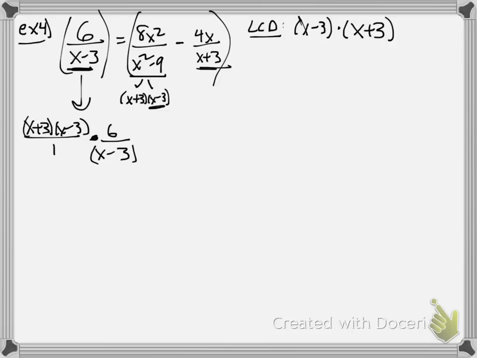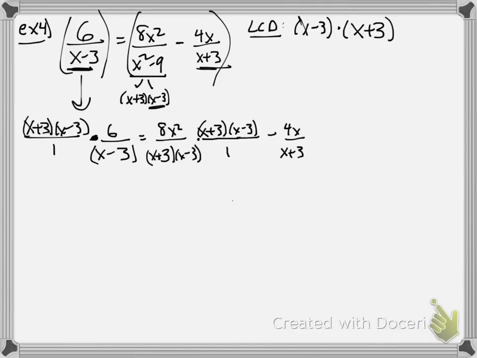That's supposed to be times, equals, I have 8x squared over, remember we factored that into x plus 3 times x minus 3, and that's going to be multiplied to x plus 3, x minus 3. Remember, every term is going to end up being multiplied by my LCD, minus 4x over x plus 3, and I'm multiplying that by x plus 3, x minus 3.